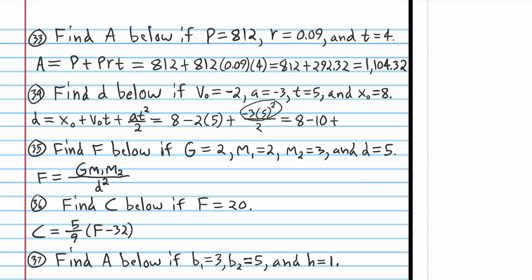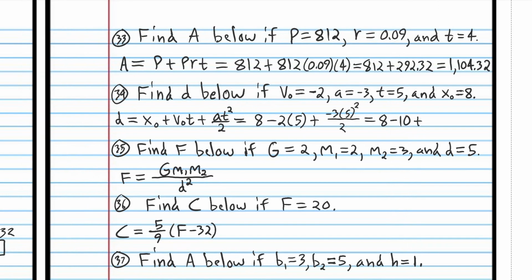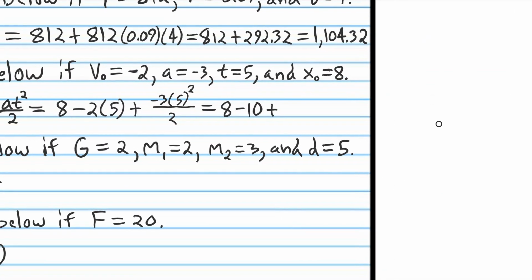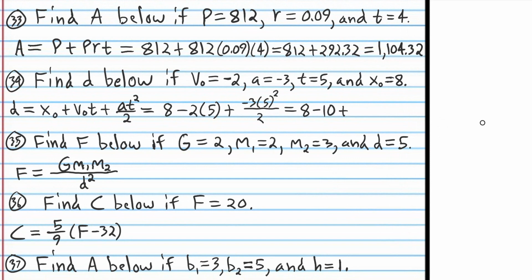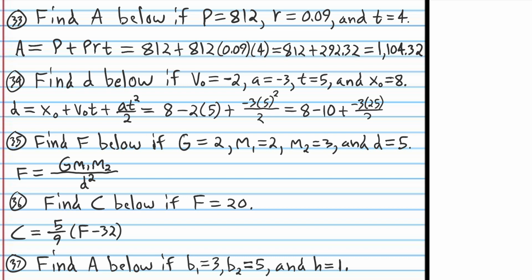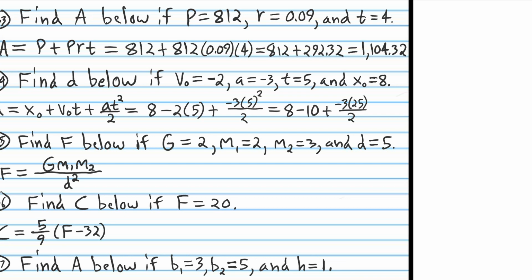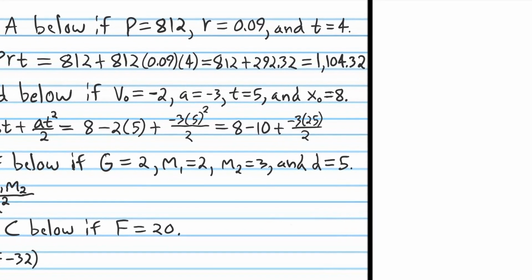And we want to simplify the numerator first. So order of operations tells us to do exponents first. So 5 to the second power is 25. And 25 times -3 is -75.